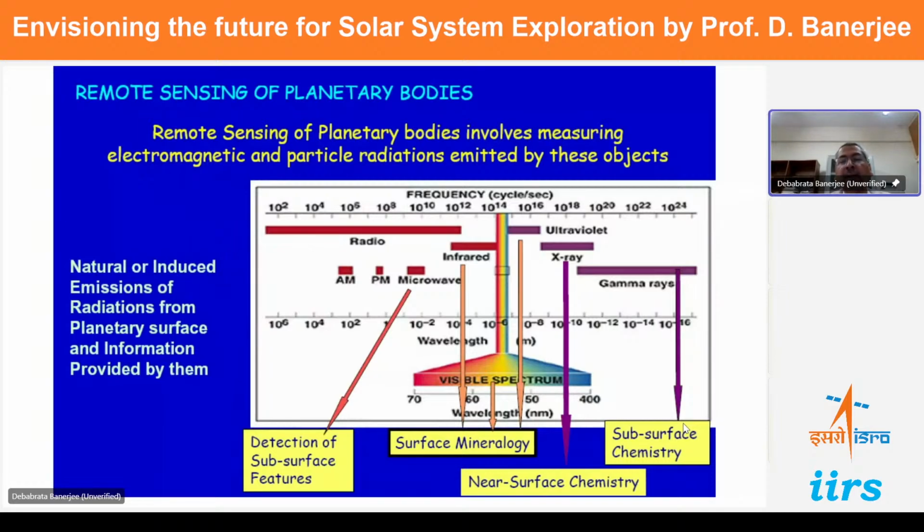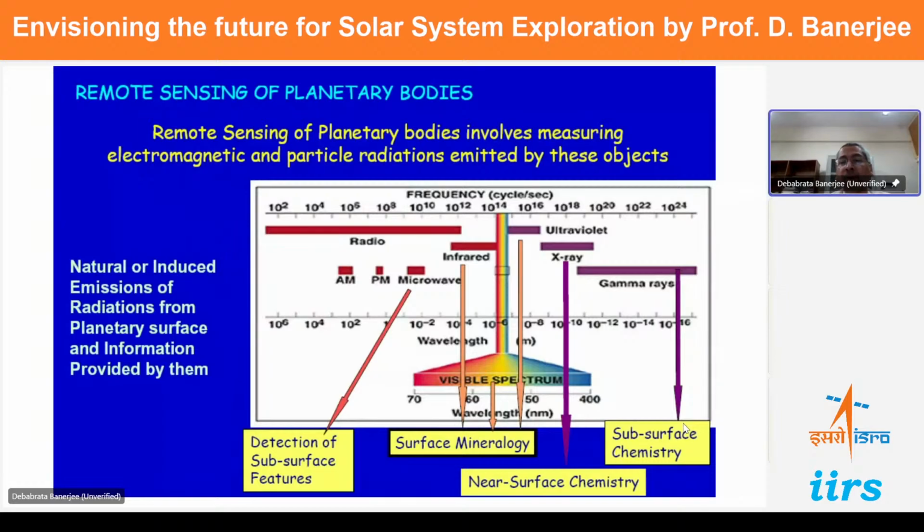Then the infrared looks at surface mineralogy and also water, as you know about the discovery on Chandrayaan-1, M-Cube. And then you have X-ray, which is looking at near-surface elemental chemistry.